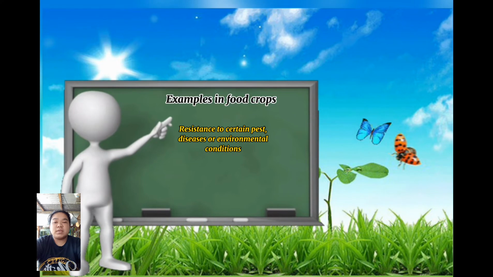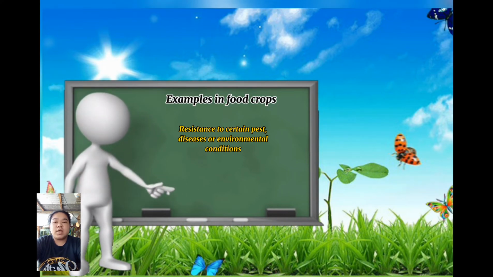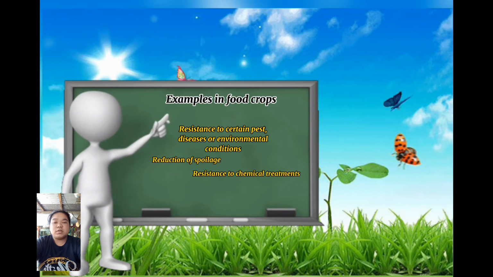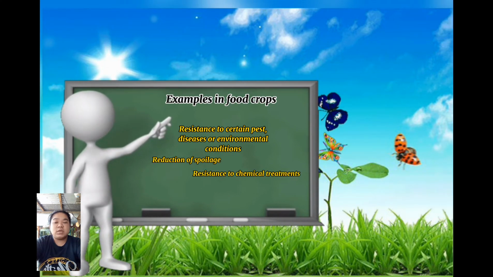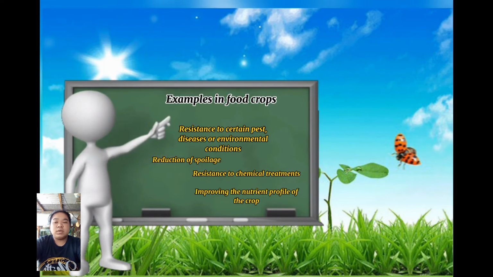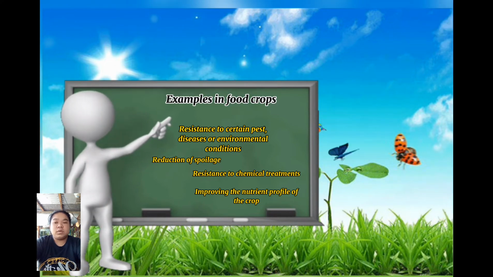Resistance to certain pests, diseases, or environmental conditions. Reduction of spoilage. Resistance to chemical treatments, for example, resistance to a herbicide. Improving the nutrient profile of a crop.